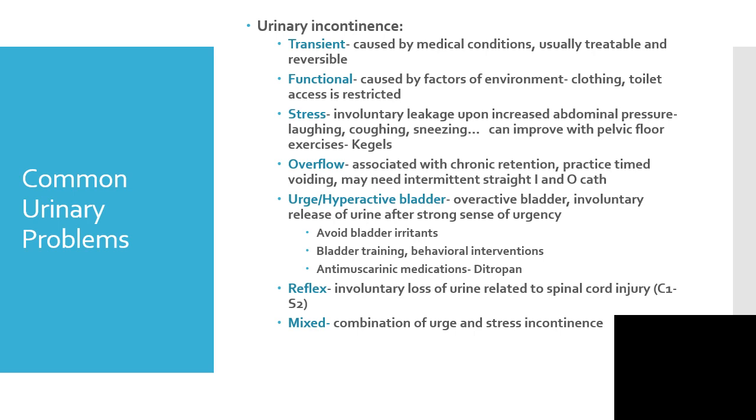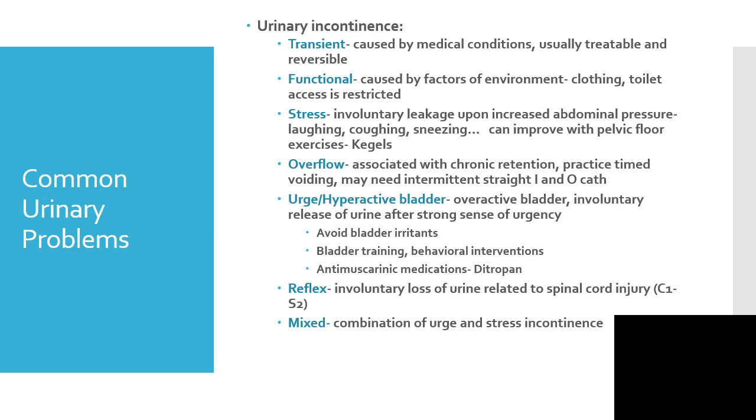Urge and hyperactive bladder. Overactive bladder is an involuntary release of urine after a strong sense of urgency. So once again, as people age, they might just get this strong sense that they have to go right away, and they may be experiencing dribbling or just inability to hold the urine until they make it to a restroom facility.